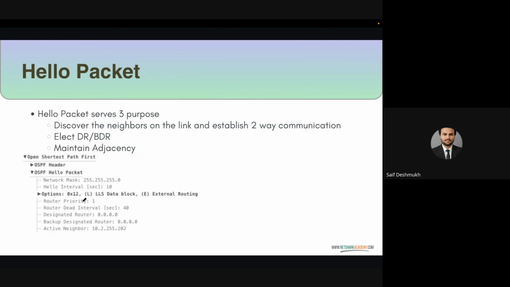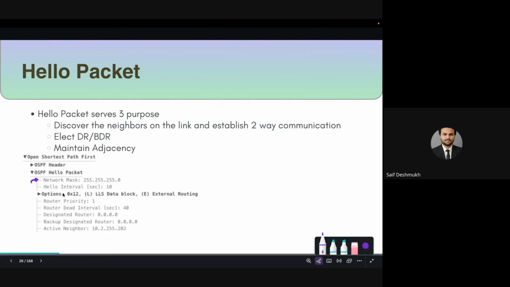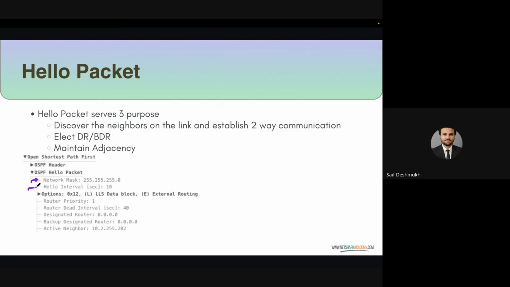So we understood the header at a high level. If you talk about the hello packet itself, what are we having? The hello packet serves basically 3 purposes. When you enable it, that interface starts sending out hello packets. And when it's sending them out, it inserts a couple of pieces of information, like that interface's subnet mask. It also includes the default timers, depending on what interface it is.